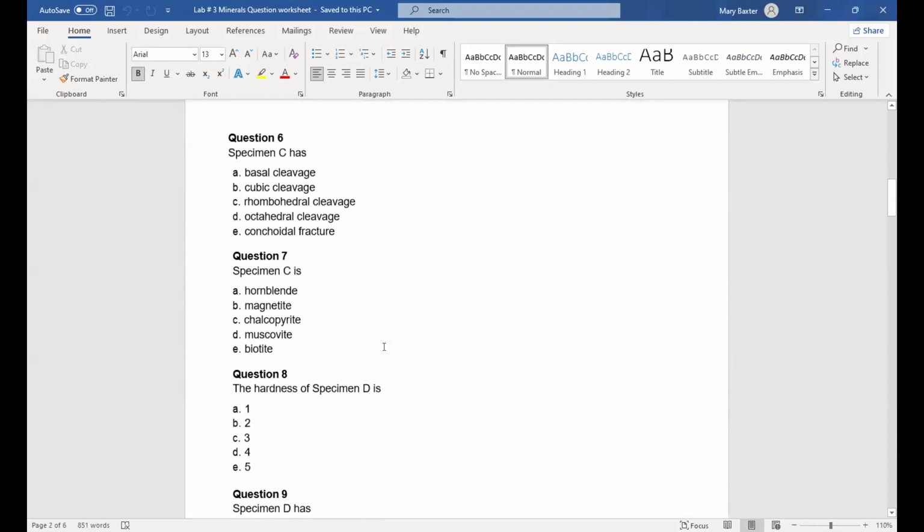Question 6, specimen C. What kind of cleavage does it have? Okay, well, I should have said something about this in the textbook. If your specimens meet at 60 and 120, that's rhombohedral cleavage.